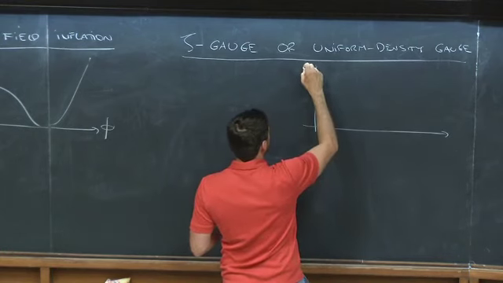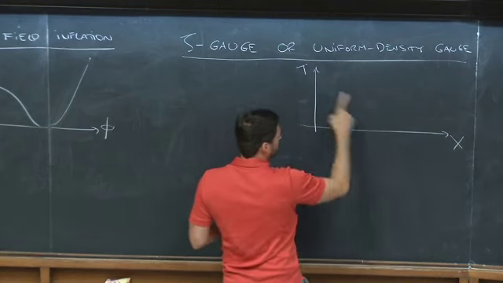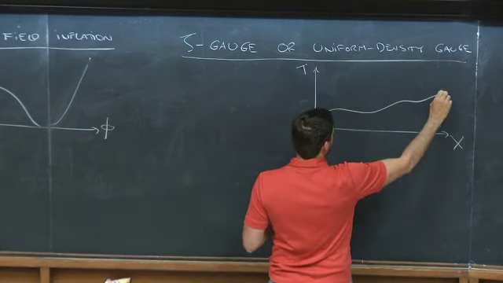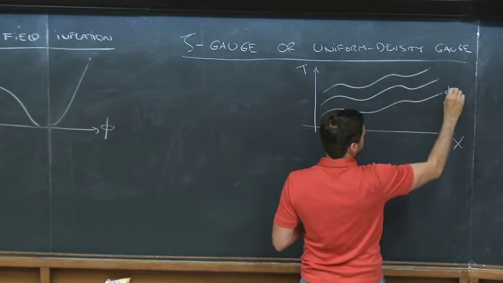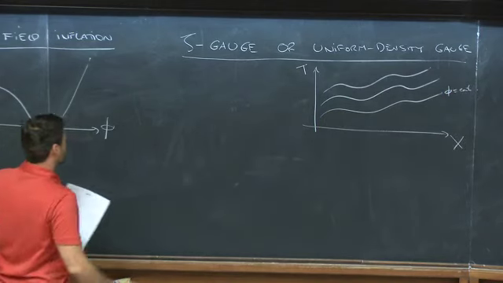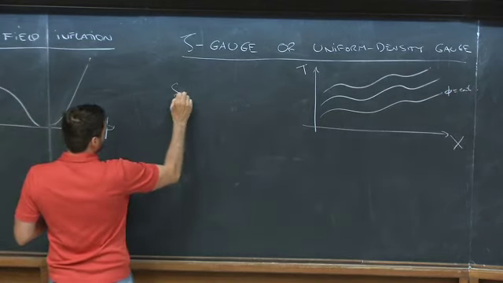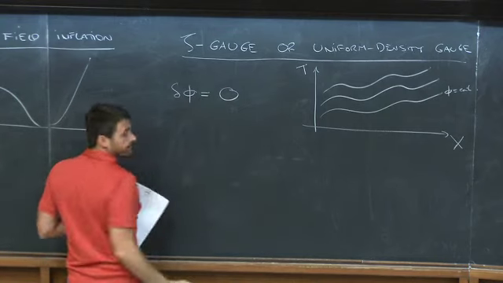Here's the global picture of space-time, time and space, and we're foliating the space-time using surfaces of constant phi. These space-like surfaces all have phi equals constant. In other words, the choice of gauge is such that the perturbations of phi are 0.